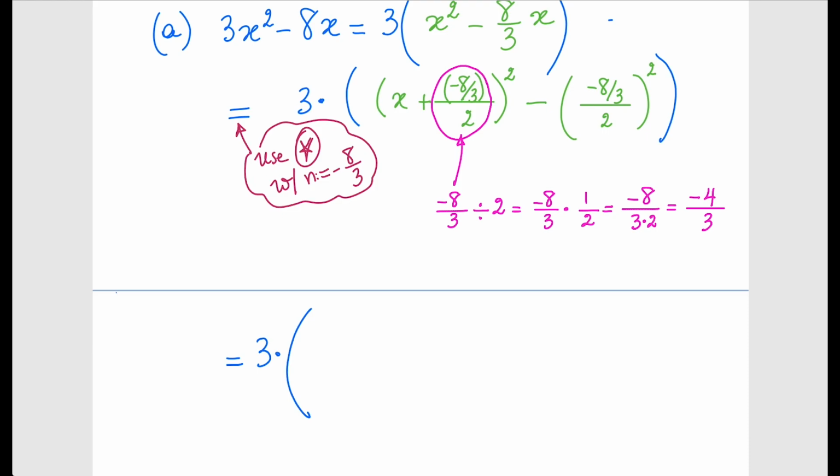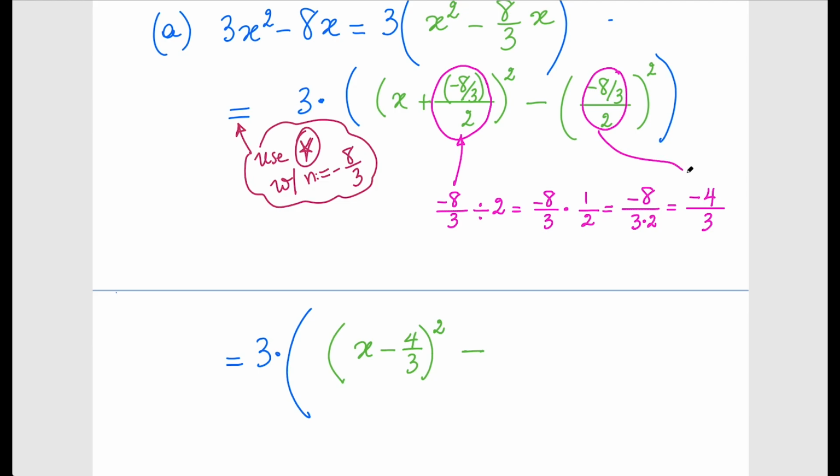So this guy is minus 4 over 3 then. Alright, let's copy. So x plus this guy, which is minus 4 over 3. There was a plus here, and with this minus, it becomes minus. So x minus 4 over 3 squared minus, don't forget, that's the same guy.